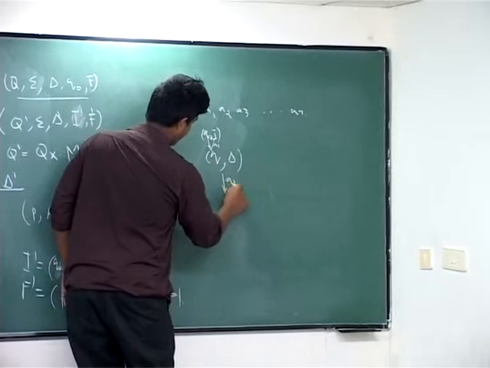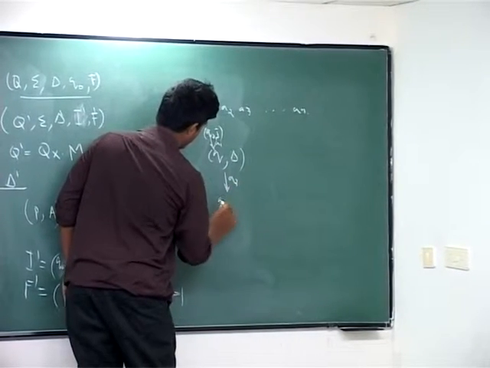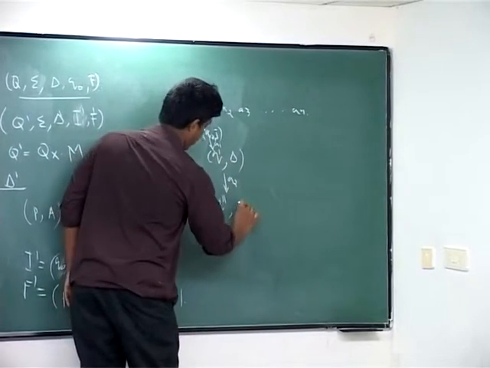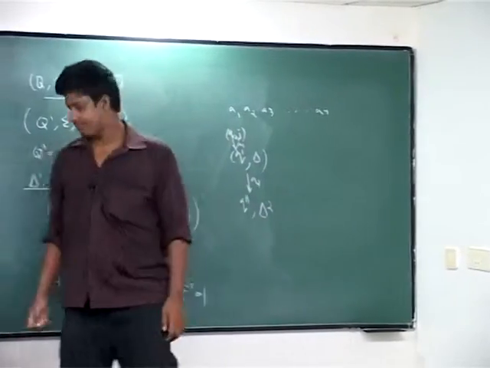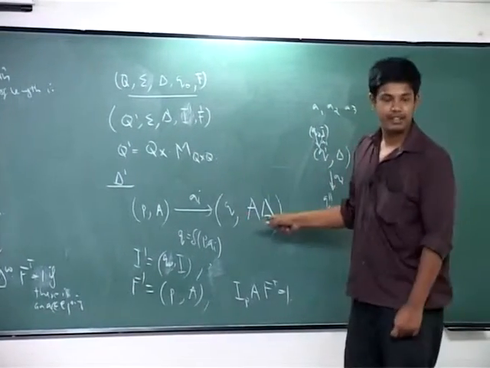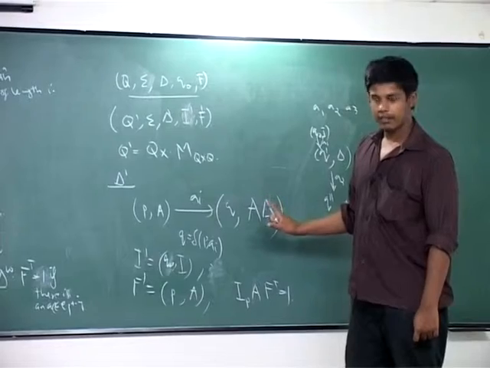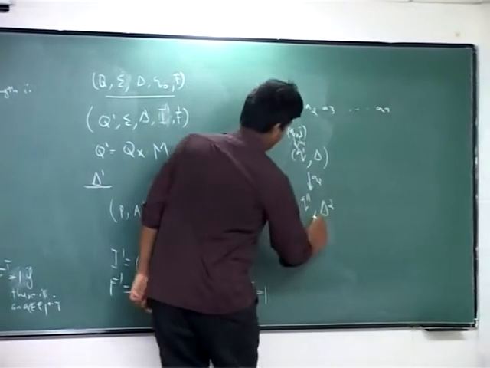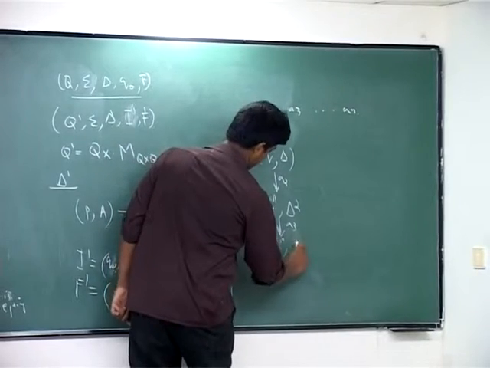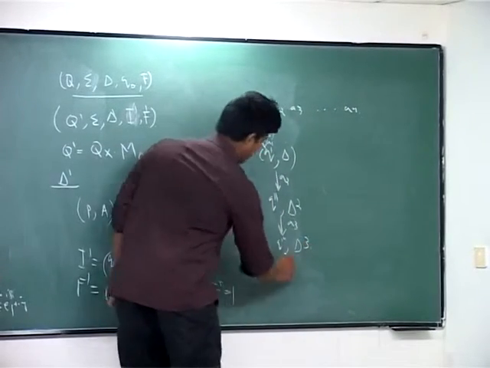After you read a2, it will be (q', delta squared), and then (q'', delta squared). Is it clear? Because each transition just multiplies by delta. Again on a3, it will be (q, delta cubed), and so on.